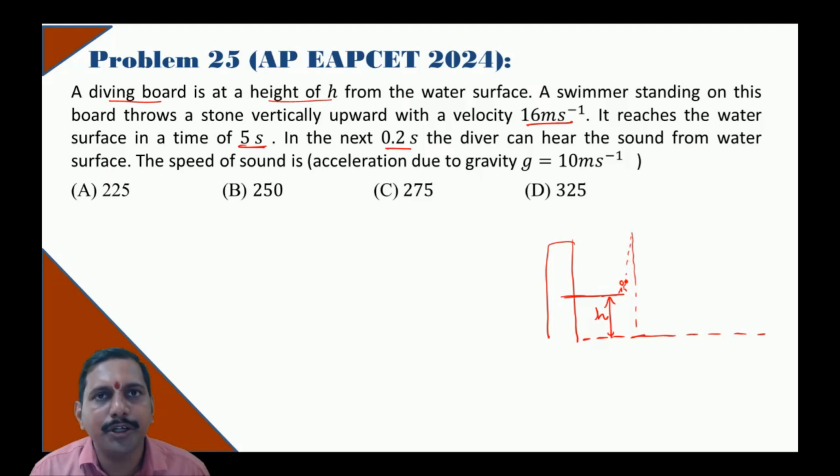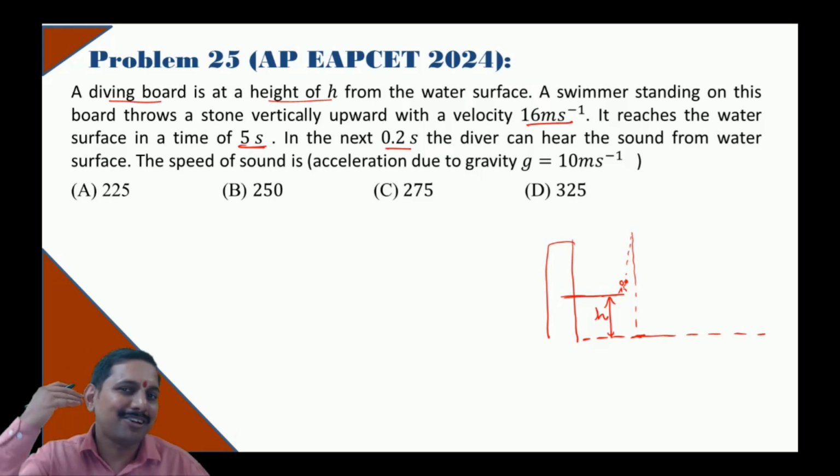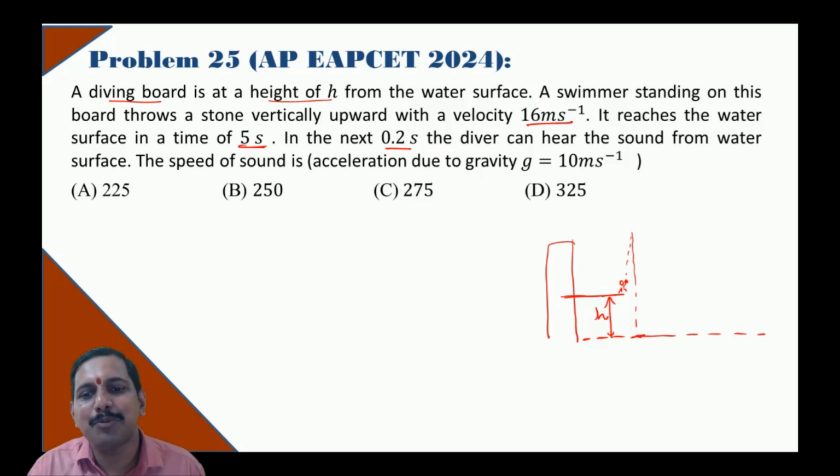In the next 0.2 seconds, that is after the stone has reached, the splash will be heard by the diver, because the sound waves have to come up. So it takes another 0.2 seconds for the diver to hear the sound. The acceleration due to gravity is given as 10 meters per second squared. They're asking what would be the speed of sound. So a pretty twisty question, but it is not that difficult if you think properly.